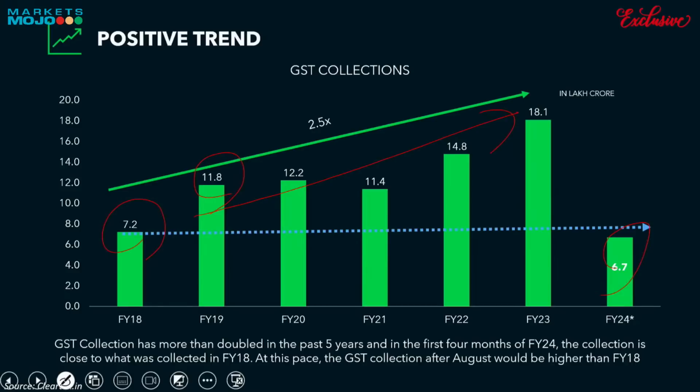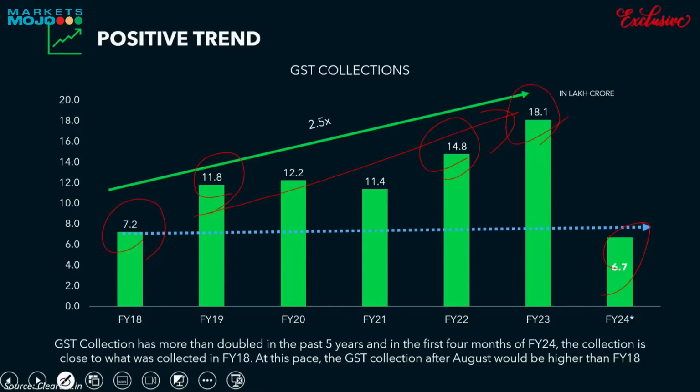The point I wanted to convey here is again a positive trend, because it also shows growth in the economy despite the global challenges that we are facing. See, FY 2023 was not an easy year for any economy, am I right? And yet, we have been able to move from 14.8 lakh crore to 18.1 lakh crore.